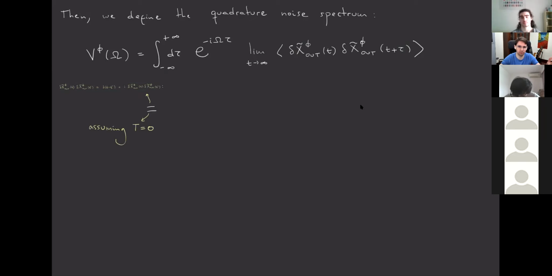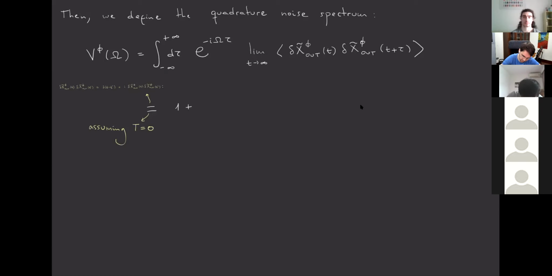It's room temperature, but at room temperature the number of excitations at optical frequencies is essentially zero. This means that once we have something in normal order inside the expectation value, we can relate it to the intracavity operators or the system operators instead of the output operators, with a factor square root of kappa.